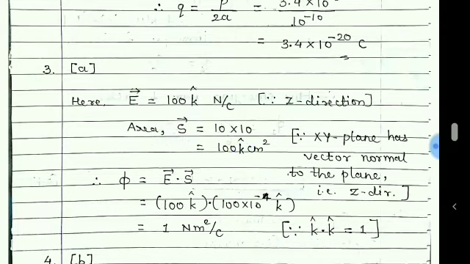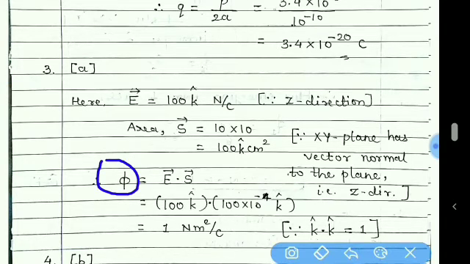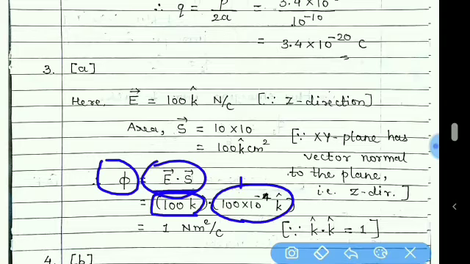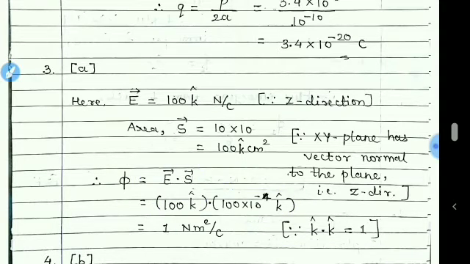Now finally, flux. We have the formula flux phi is equal to E dot S in vector form, so putting the values 100K for E and vector S as this and calculating, we get 1 Newton meter square per coulomb. Here K dot K is equal to 1.